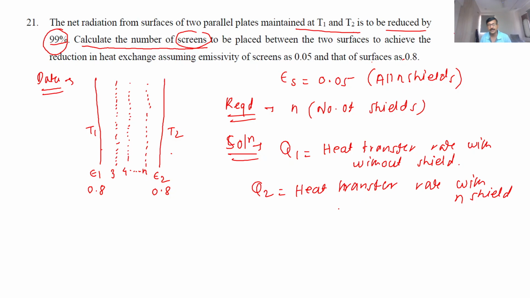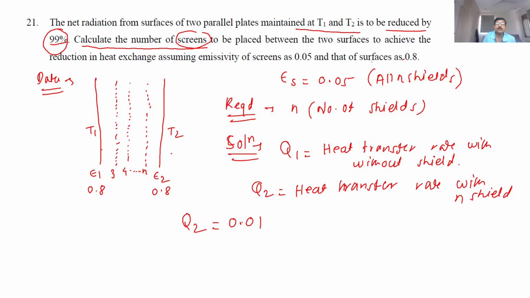We don't know that, and that is what we need to calculate. So Q2 is given as reduced by how much percent? Reduced by 99% means Q2 is 0.01. Reduced by 99% means only 1% is remaining.